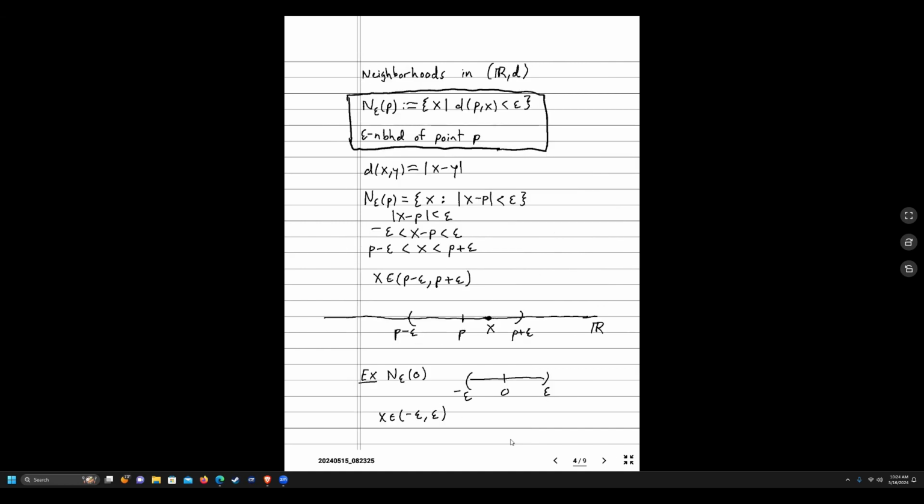Next thing I want to discuss is neighborhoods in this metric space. The neighborhood I'm referring to is like the neighborhood used in Rudin's text.